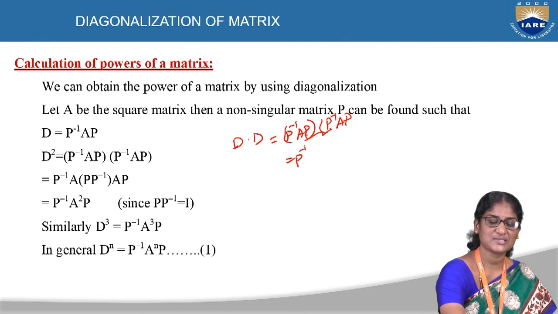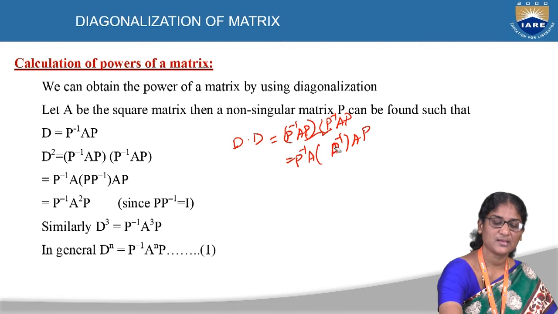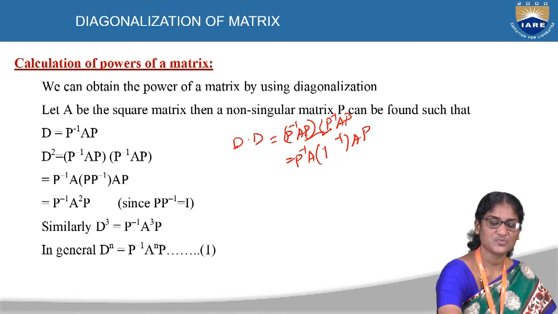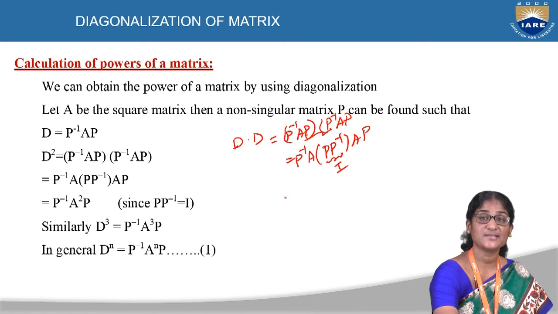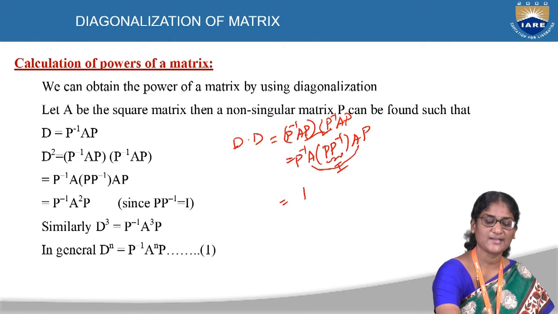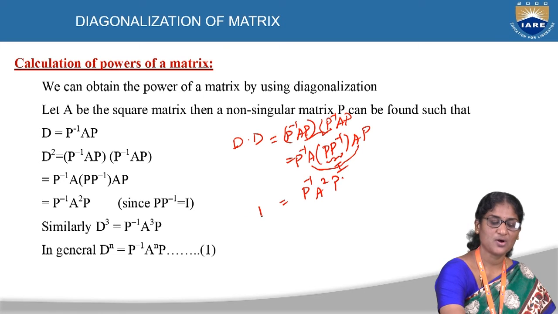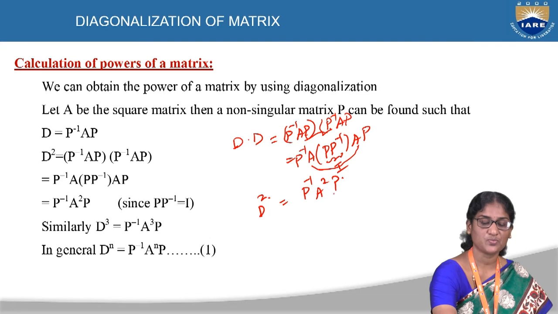So you separate this as P inverse into A into P into P inverse into A into P. Here P into P inverse is nothing but the identity matrix, so this reduces and A into A is multiplied to get A square. So we got D square is equal to P inverse A square into P.